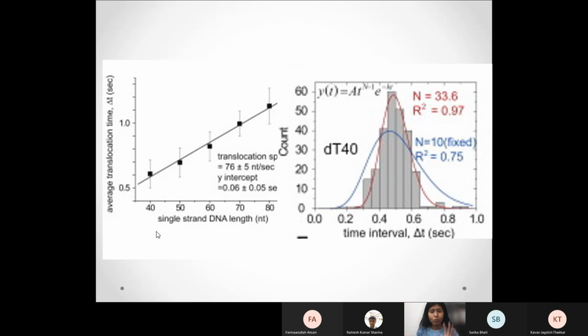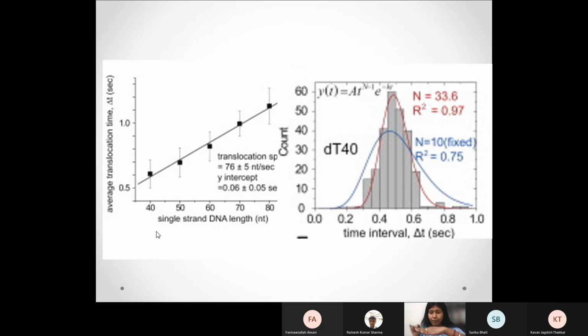Okay, so you have made an observation that if you have say 40 nucleotides, your FRET curves go like this. In this distance you will see 3 curves.